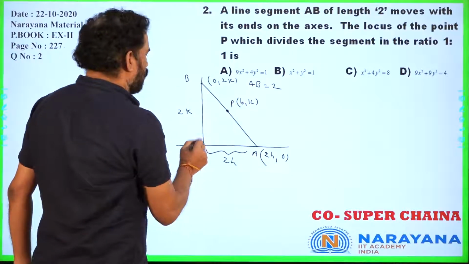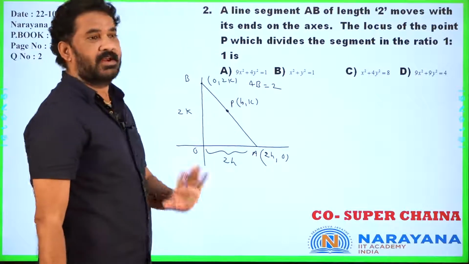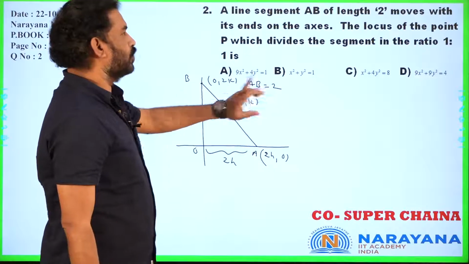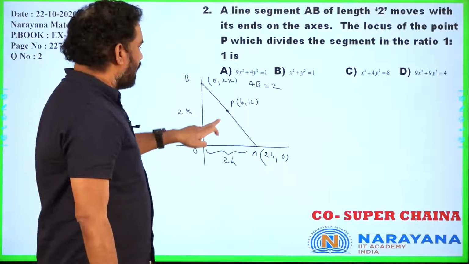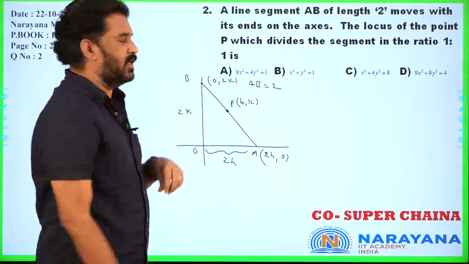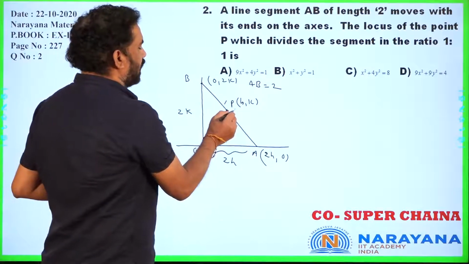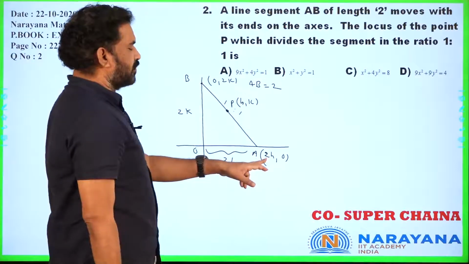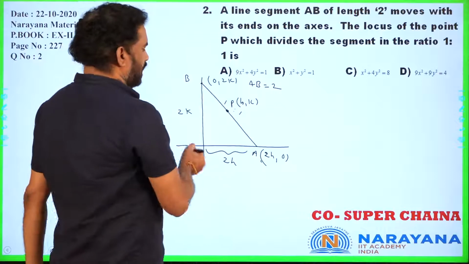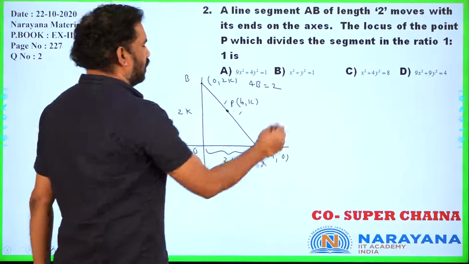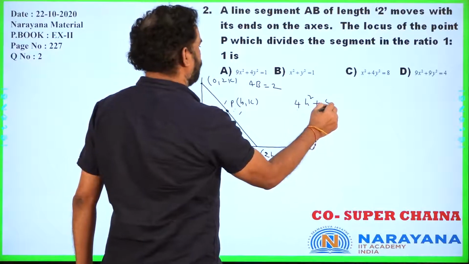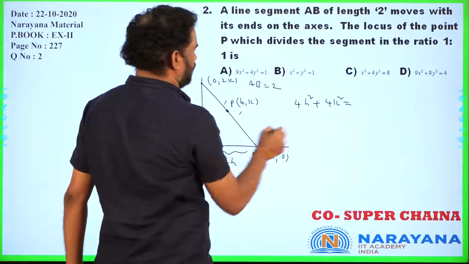Then use the AB length that is given. So OAB is a right angle triangle. AB length is given as 2 units. So we got this according to the midpoint, because the point divides in the ratio 1:1. The ends are (2h, 0) and (0, 2k). Now use the Pythagoras theorem in this right angle triangle, so it is 4h square plus 4k square is equal to 2 square.